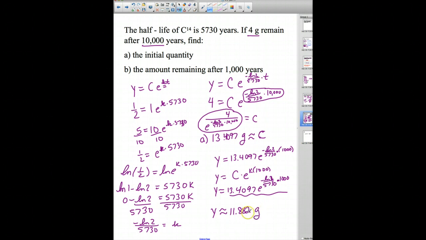Remember to either round or truncate at 3 decimal places. So that is my answer for B. That's my answer for A. Initial amount here and amount remaining after 1,000 years.